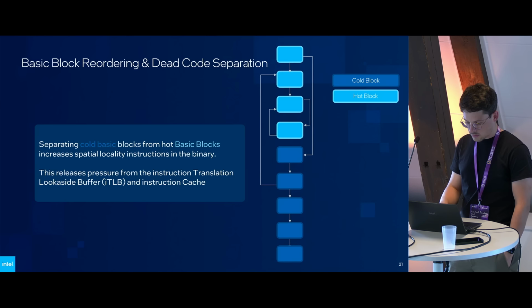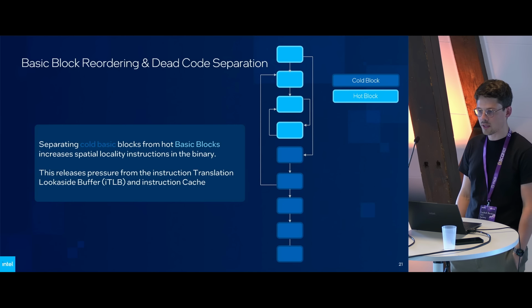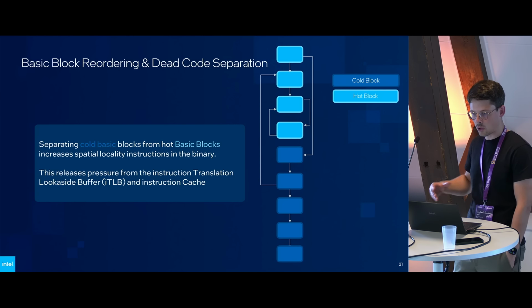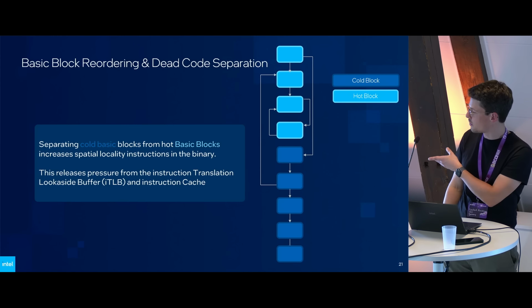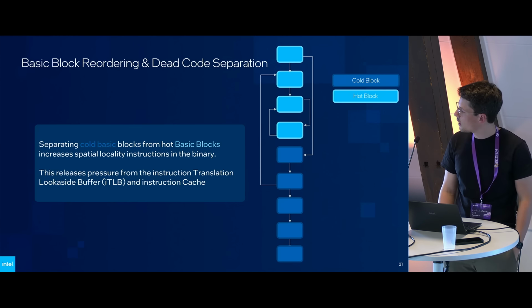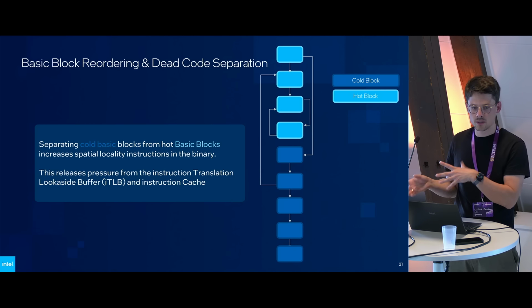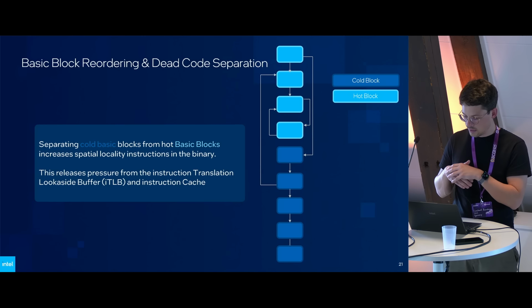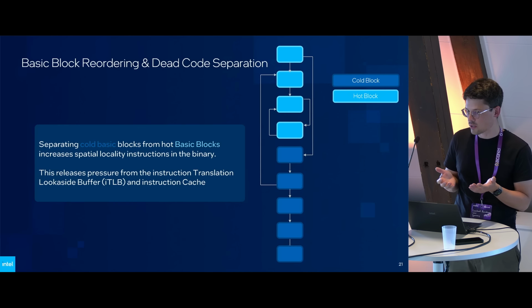And what we can do with this is that we just cluster all hot blocks together and separate the cold blocks from the rest of the code. The effect of this is pretty much the same you want to do with your data. You want to have hot data close to each other and cold data away from the rest. So here we're just doing the same thing, just for instructions.